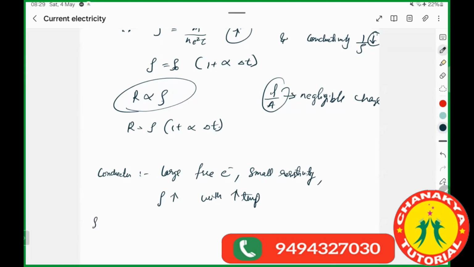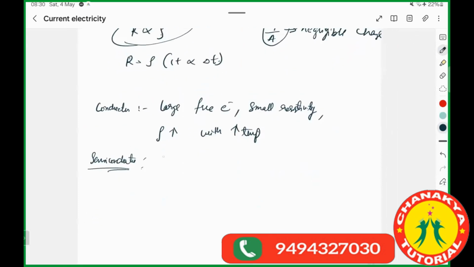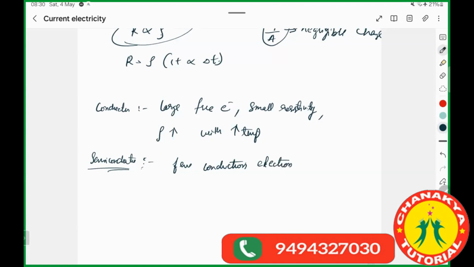Next, let's write semiconductors. They have very few free electrons, in the sense of conduction electrons, and moderate resistivity, greater than metals or conductors.